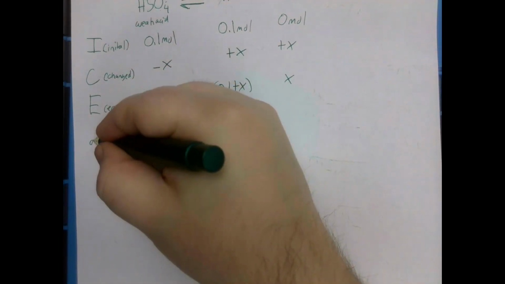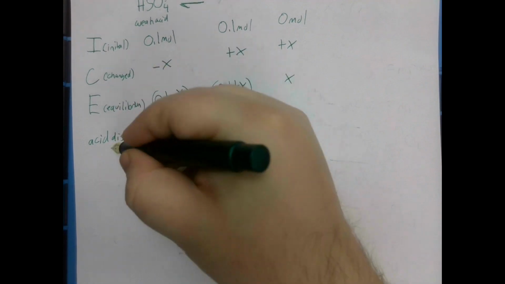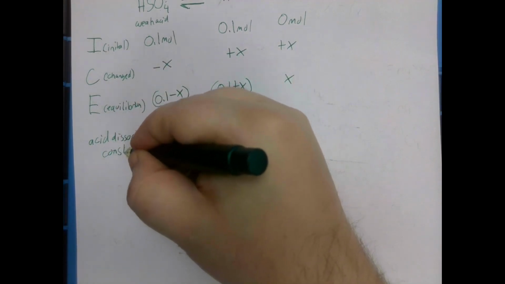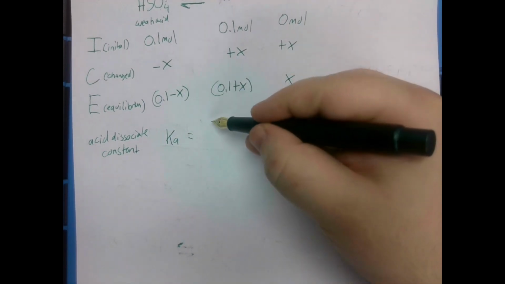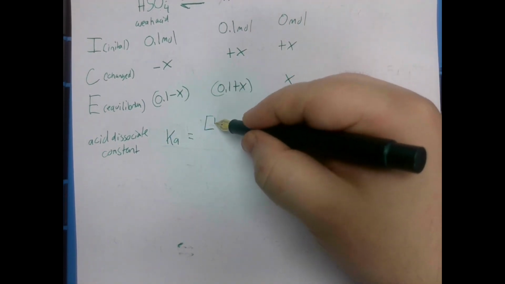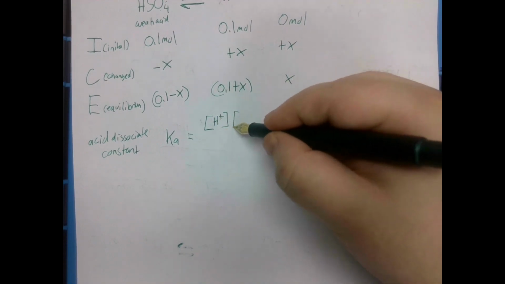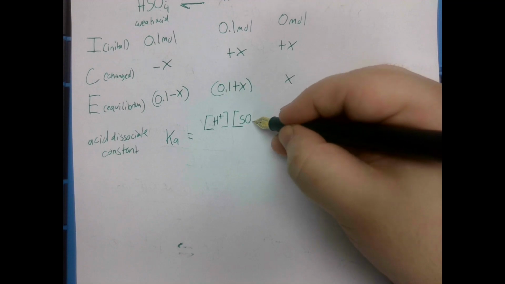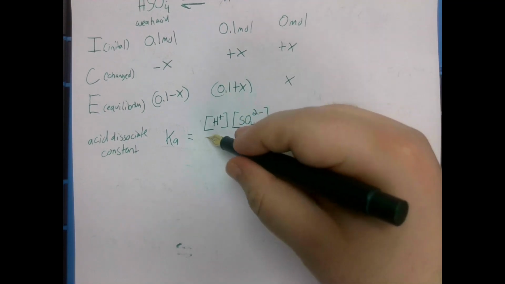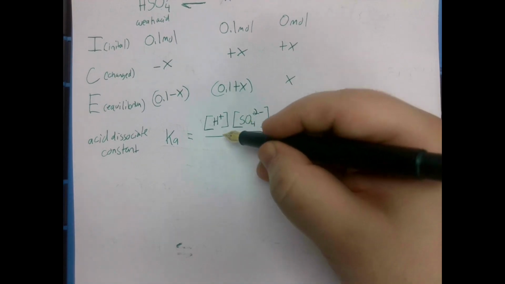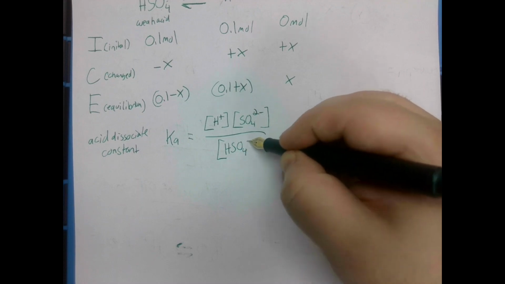And we know that there's an acid dissociation constant, Ka. That is equal to the concentration of H plus ions times the concentration of sulfate ions divided by the concentration of the original solution, which is HSO4 negative.